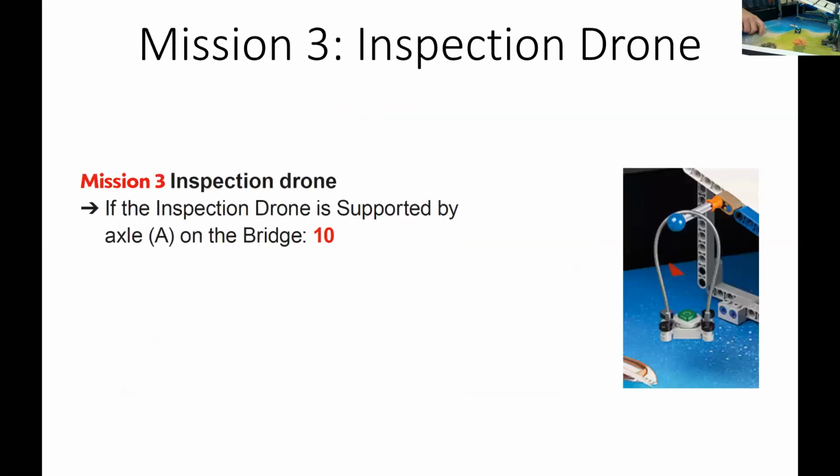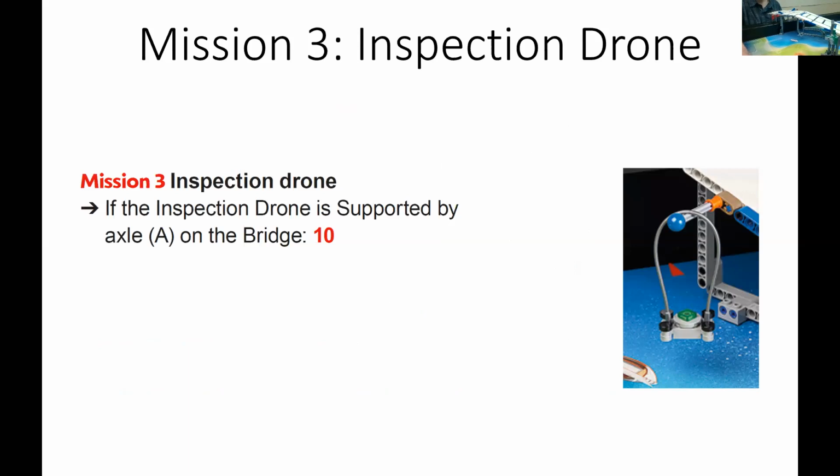And then the goal, I'm going to lift this up just a hair. The goal is to come in and somehow grab this and put it up here. And it must be supported 100% by this axle on the bridge, which they have labeled axle A. And I see nowhere else where A is defined, which I thought was interesting.